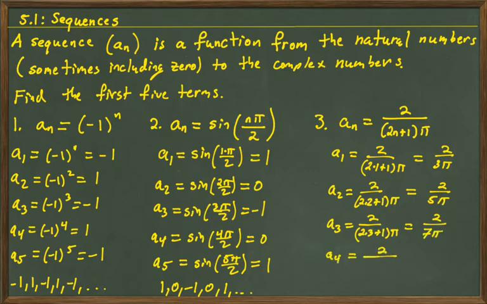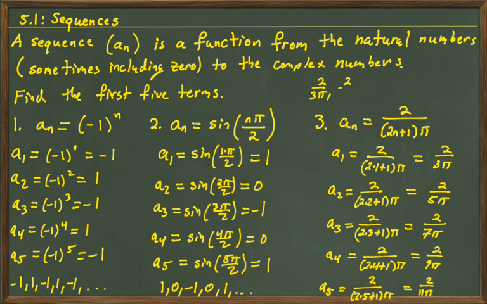A sub 4 would be 2 over (2 times 4 plus 1) pi, or 2 over 9 pi. And a sub 5 would be 2 over (2 times 5 plus 1) pi, and that is going to be 2 over 11 pi. So that sequence would be 2 over 3 pi, 2 over 5 pi, 2 over 7 pi, 2 over 9 pi, and 2 over 11 pi, etc.